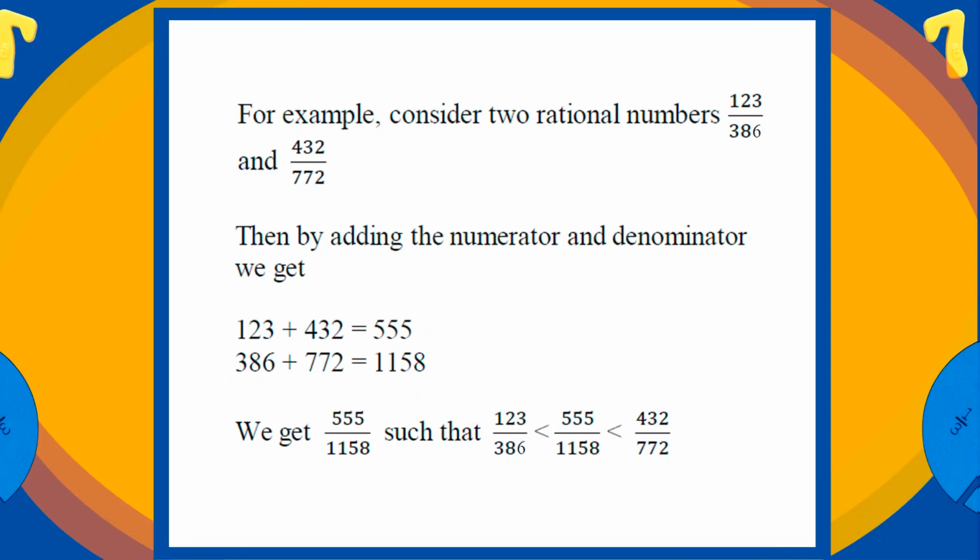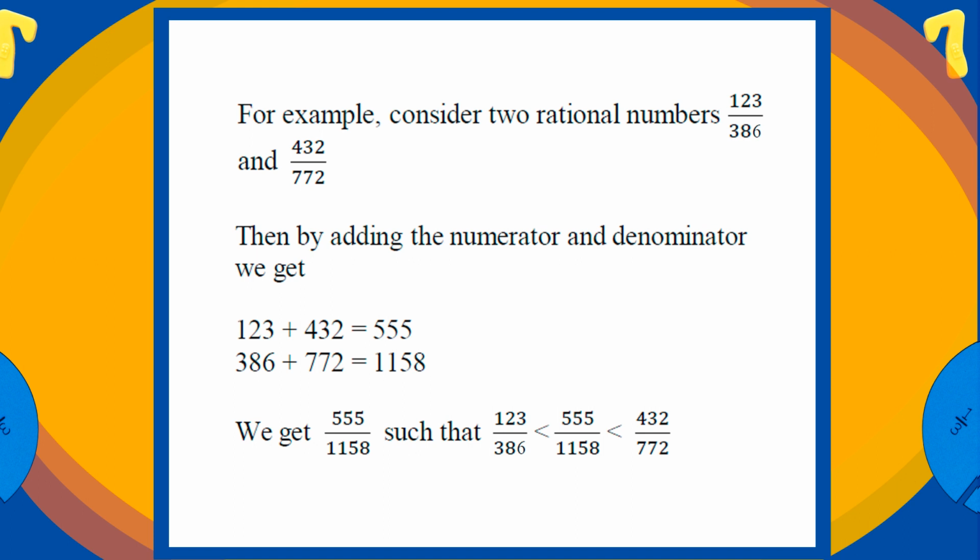For example, consider two rational numbers 123 divided by 386 and 432 divided by 772. Then by adding numerators and denominators, we get 123 plus 432 is equal to 555, and 386 plus 772 is equal to 1158.